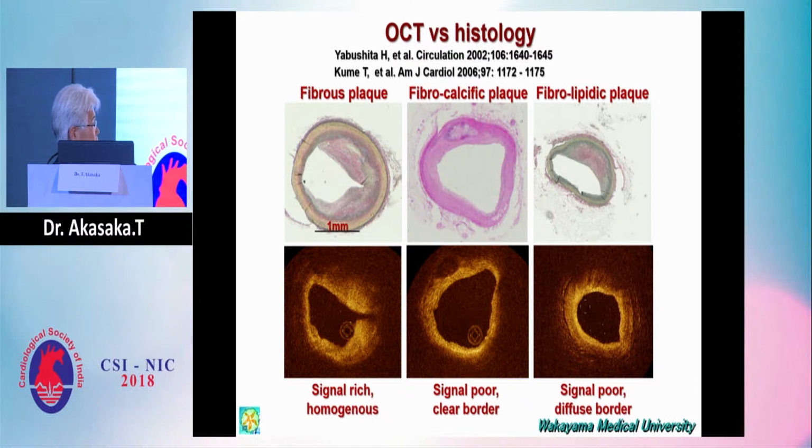Here is calcium, right? And then fibrolipidic, you can identify signal-poor diffuse border. It might be very difficult to tell where the lipid starts, but anyway, you can identify the signal-poor region. Here should be the lipid. So if you know this pattern, it is more than 90% accurate to identify the tissue. So compared with IVUS, it's much easier.